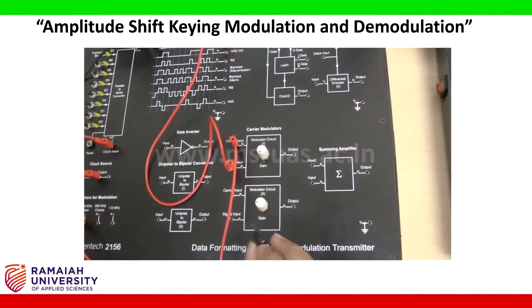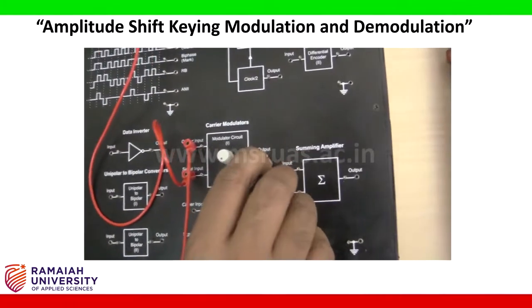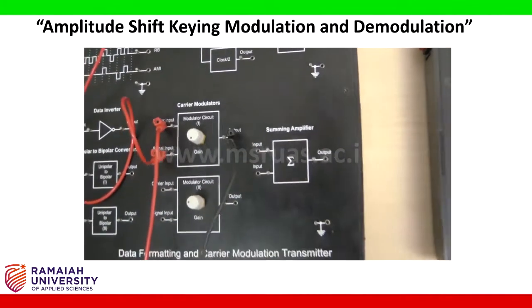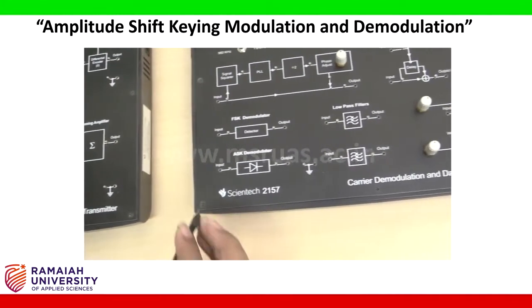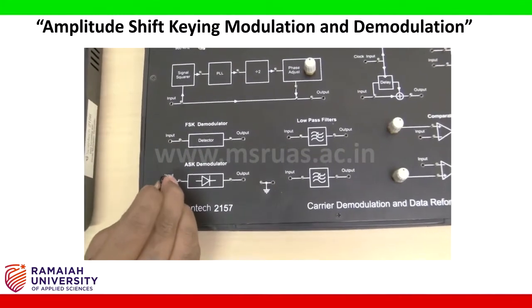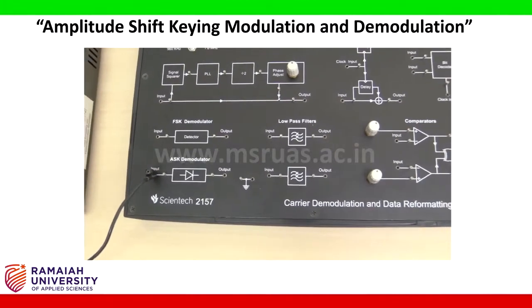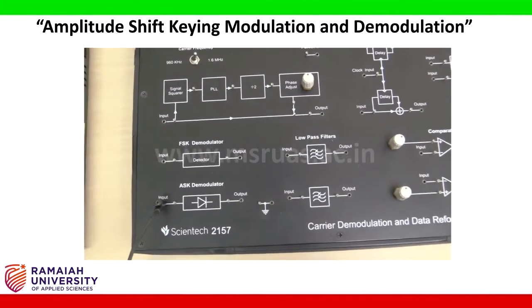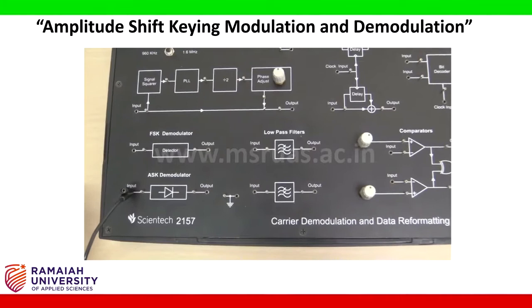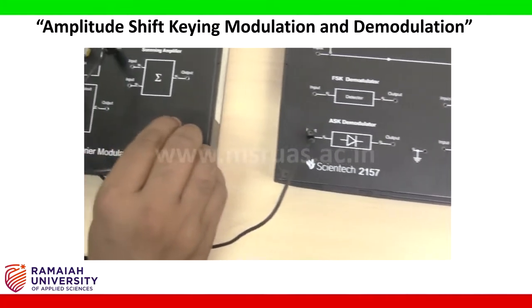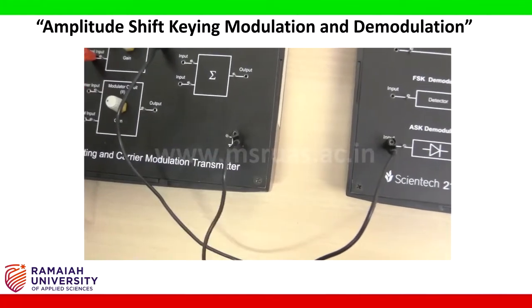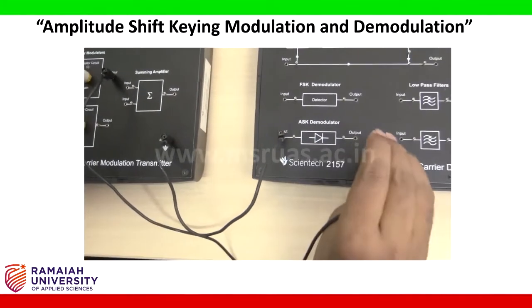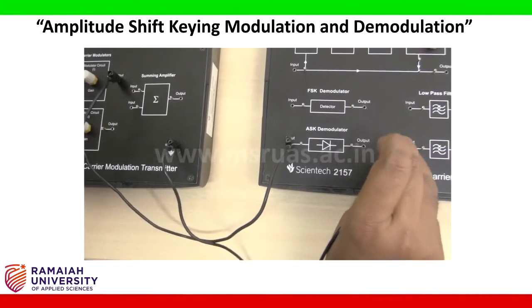Connect the carrier modulator output to the input of the ASK demodulator. Since I am using two boards, I have to make the ground common. I am connecting the ground of the Syntec 2156 to the ground of 2157.